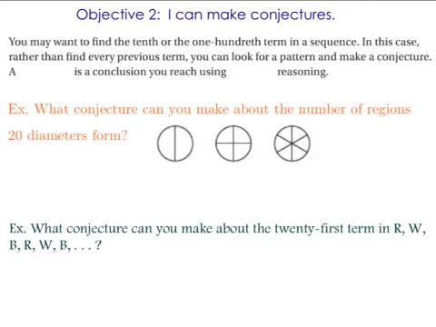So we're going to write here that a conjecture is a conclusion you reach using inductive reasoning.